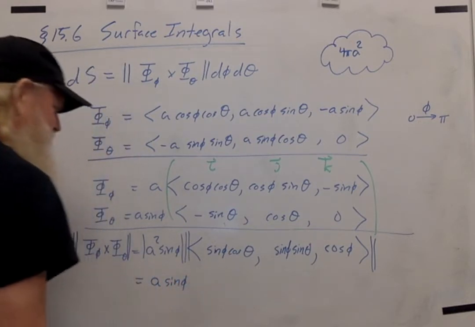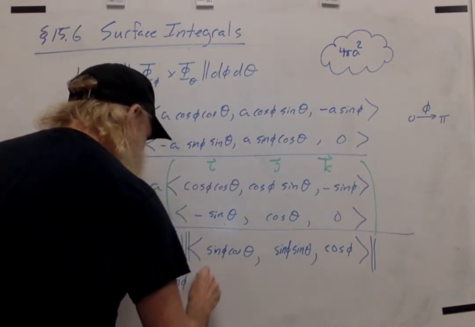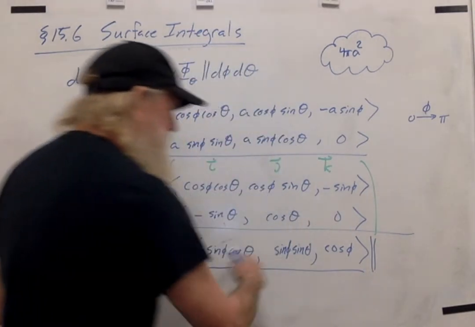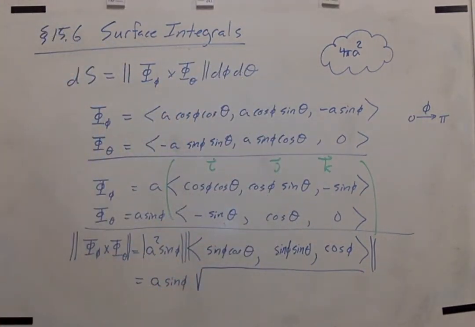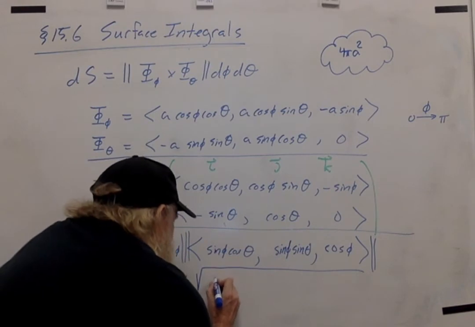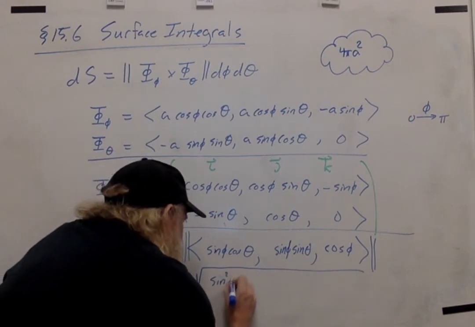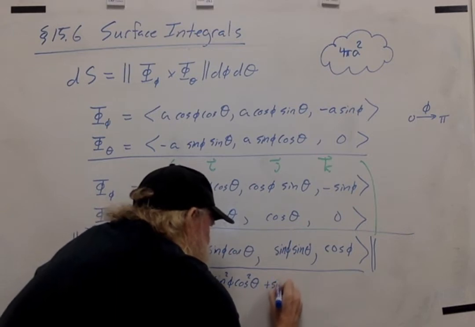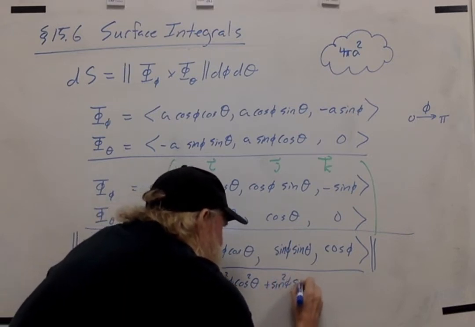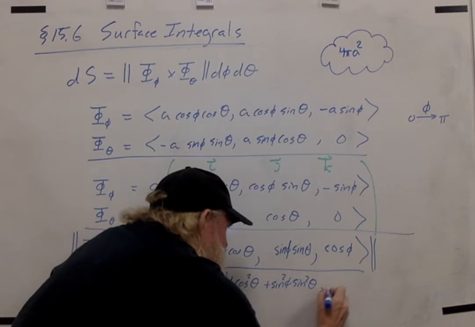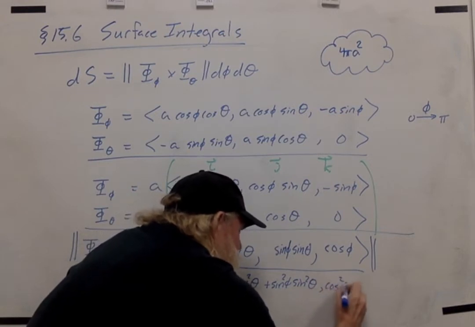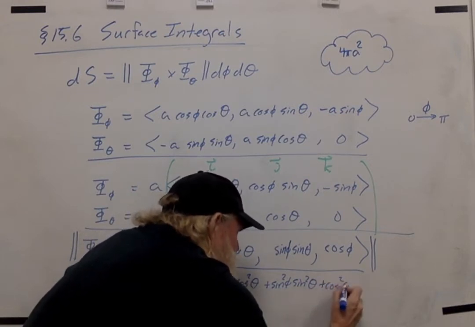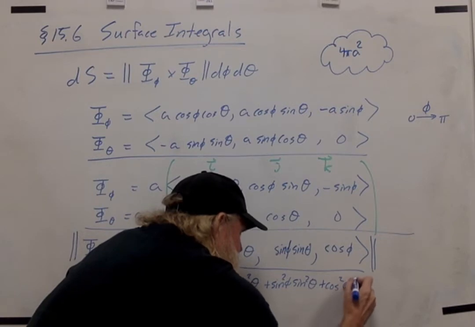So I have a sine phi times the square root of the sum of the squares of those 3 terms. So that's sine squared phi cosine squared theta plus sine squared phi sine squared theta plus cosine squared phi.